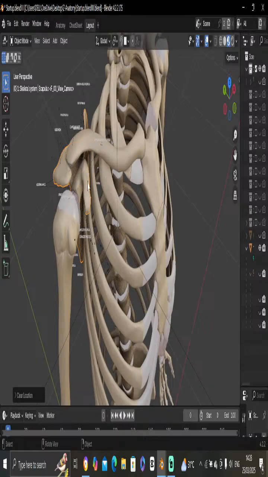The reason is that there are important ligaments that attach to the clavicle, both the coracoclavicular and costoclavicular ligaments, and those ligaments in themselves are stronger than the clavicle.